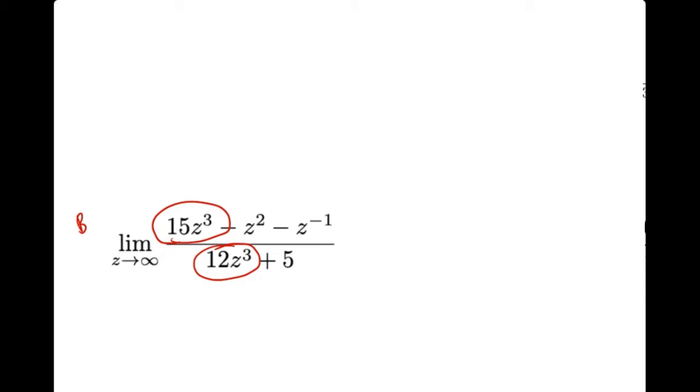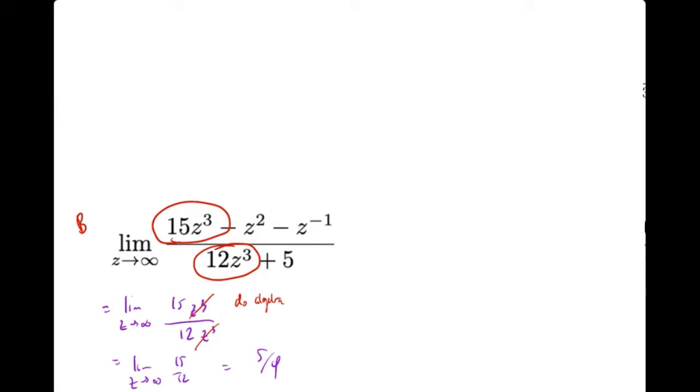So I look at the leading behavior, and that lets me write that this limit is also equal to the limit as z goes to infinity of 15z cubed over 12z cubed. And then I'll do algebra, and we'll cancel. And this limit is going to be equal to the limit as z goes to infinity of 15 over 12, equals 5 over 4.